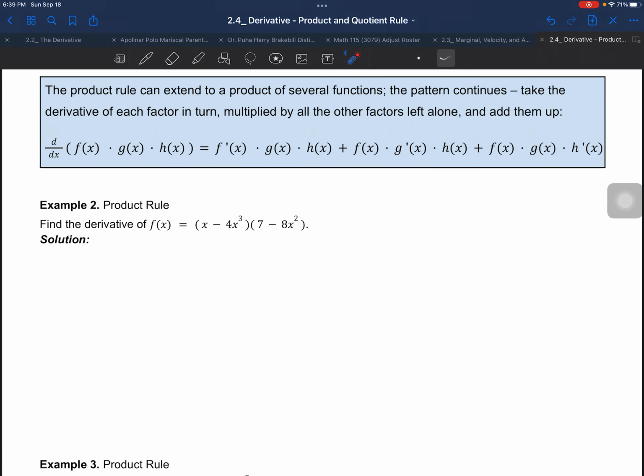So let's jump into the first example. It's the same example as we did in the beginning, but this time we're going to actually find the derivative using the product rule. So here, let's rewrite the function. What I'm going to suggest is that you set up the function and maybe write down the product here, just so you remember.